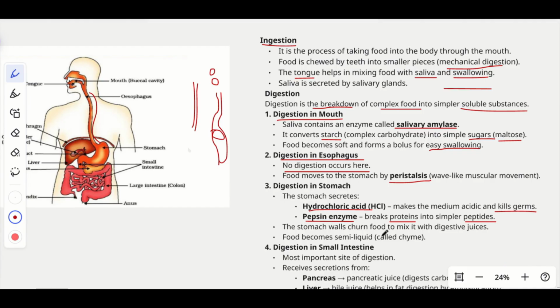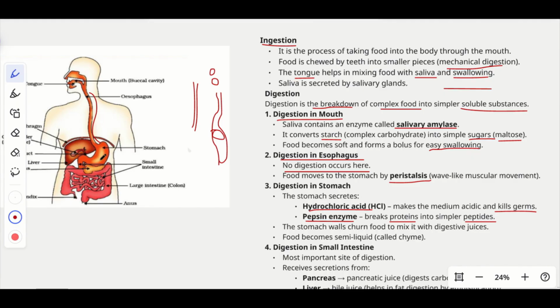So how is it occurring? We mentioned two things: HCl for killing the germs, which also makes the medium in the stomach acidic. Then we mentioned the pepsin enzyme that breaks protein into simpler peptides. Then the stomach wall churns the food to mix it with the digestive juices.